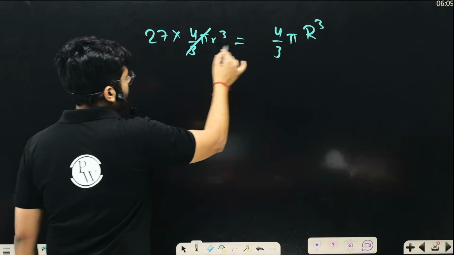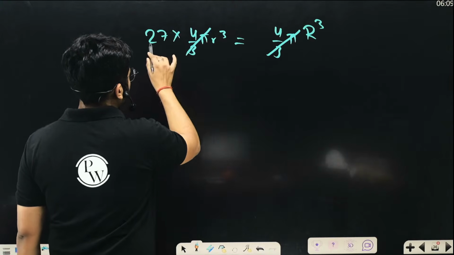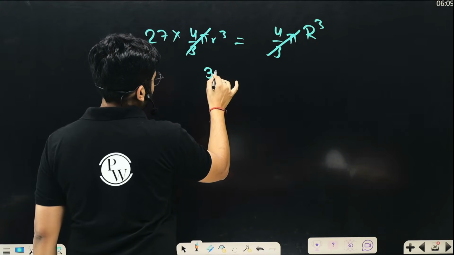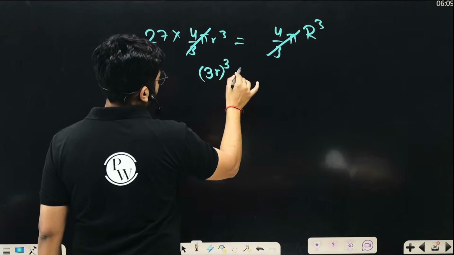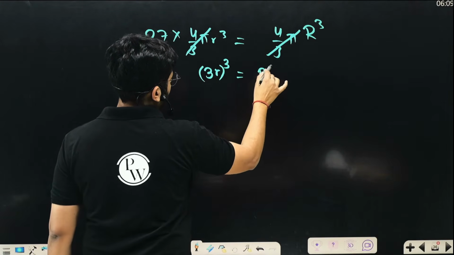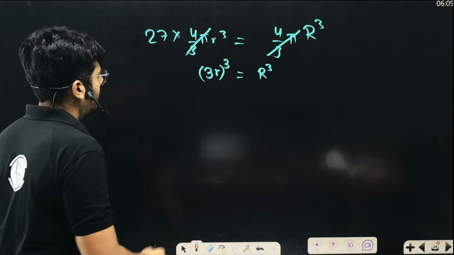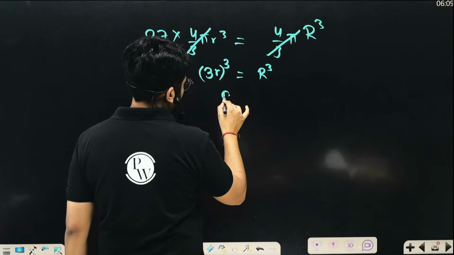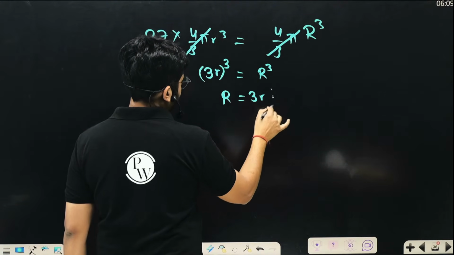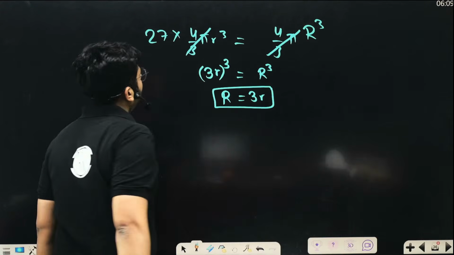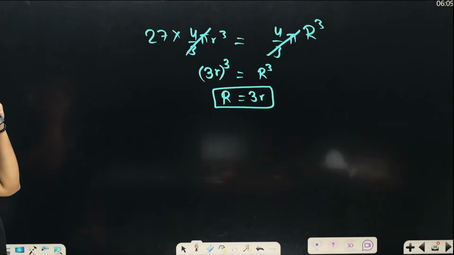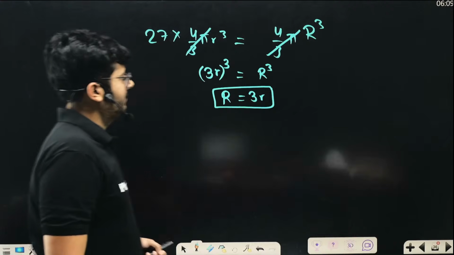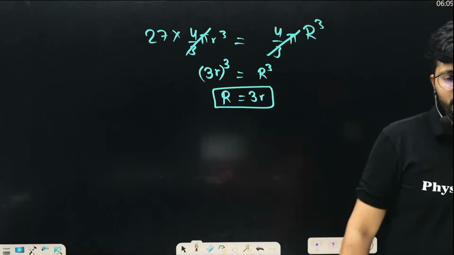So we cancel these parts. 27 r³ means (3r)³ equals R³. So R is equal to 3 times r. I hope the idea is very clear.